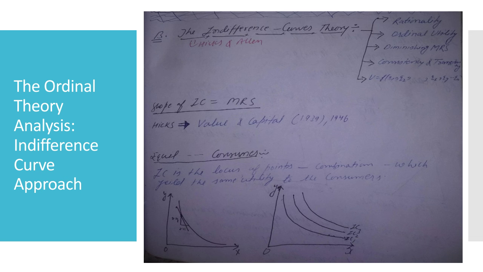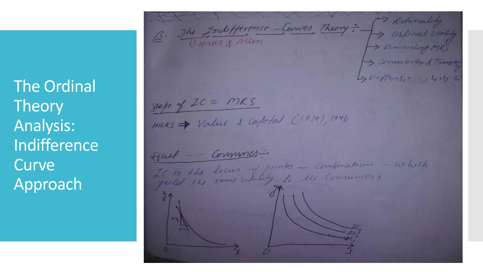So, rationality, as we know, all consumers always want to maximize their satisfaction level given their budget constraint or purchasing power and prevailing market prices. So that's why all the consumers are assumed to be rational in nature.